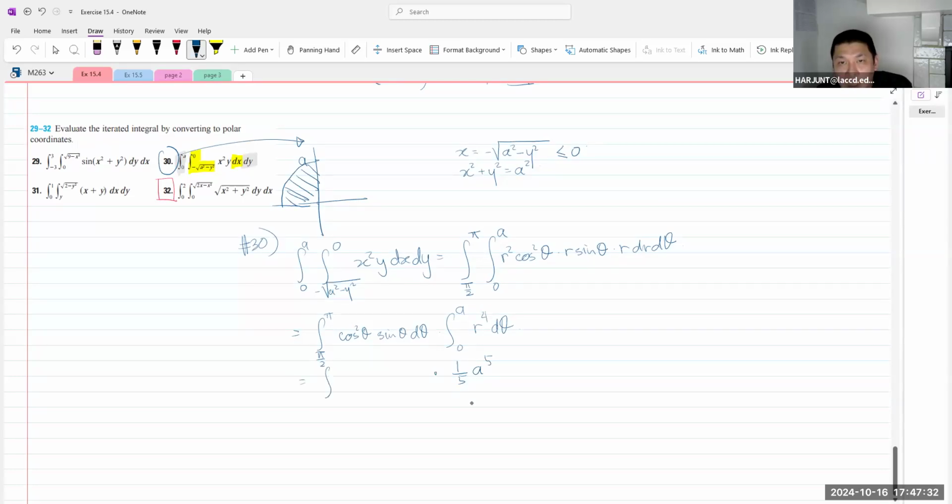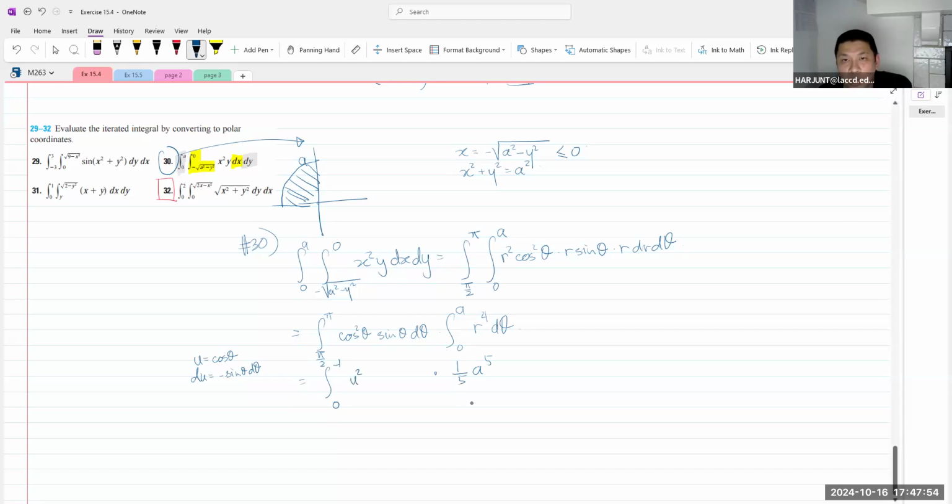If I use u equals cosine theta, du will be negative sine theta d theta. Cosine pi over 2 is 0, and cosine pi is negative 1.